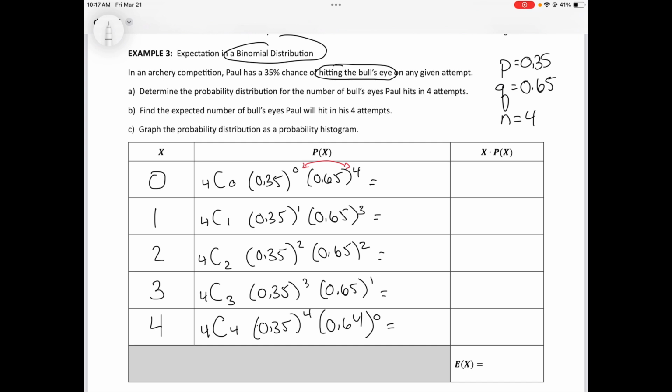I get 0.1785. I'm going to go 4 decimals. 0.3845.